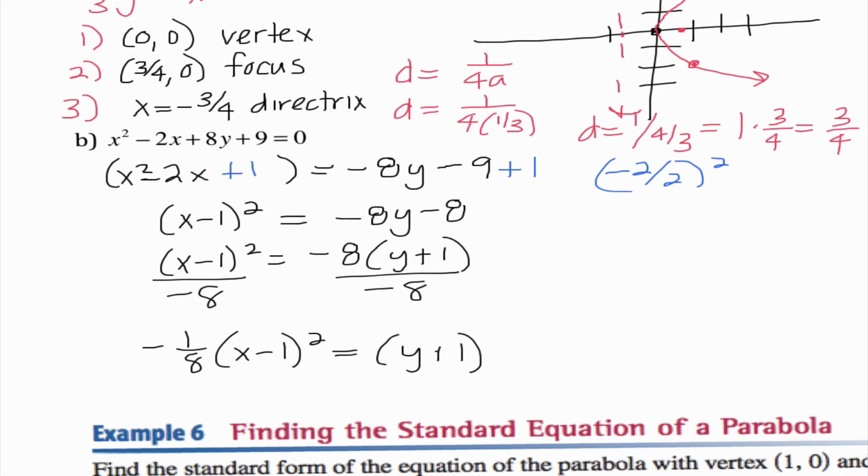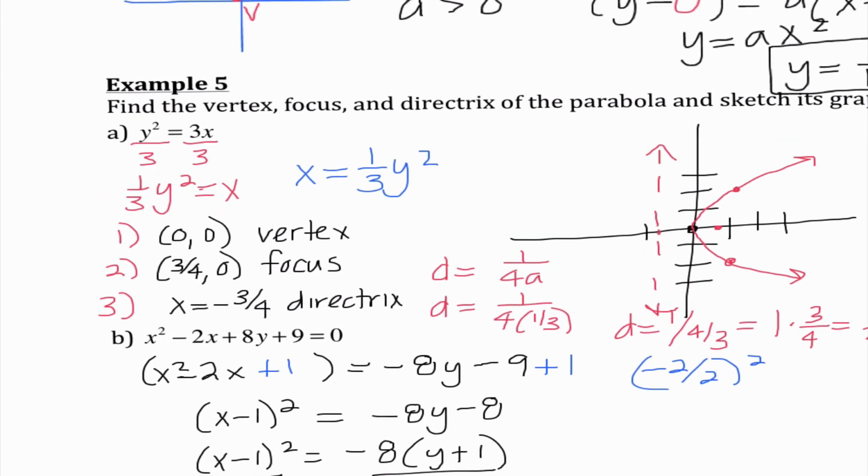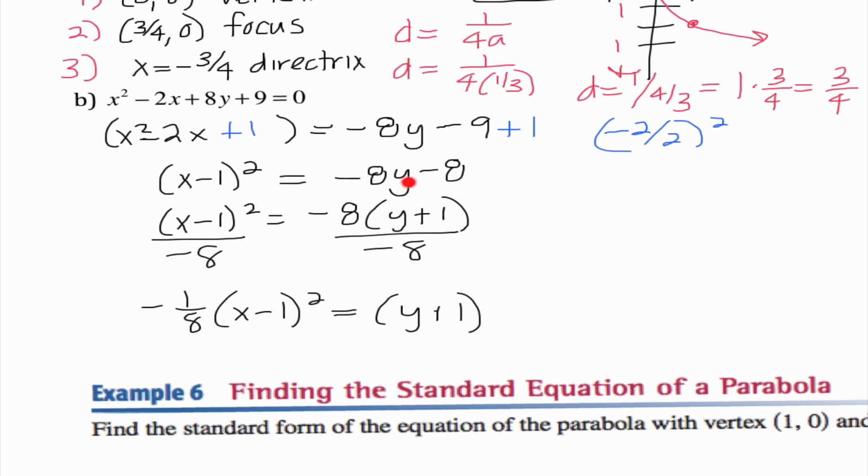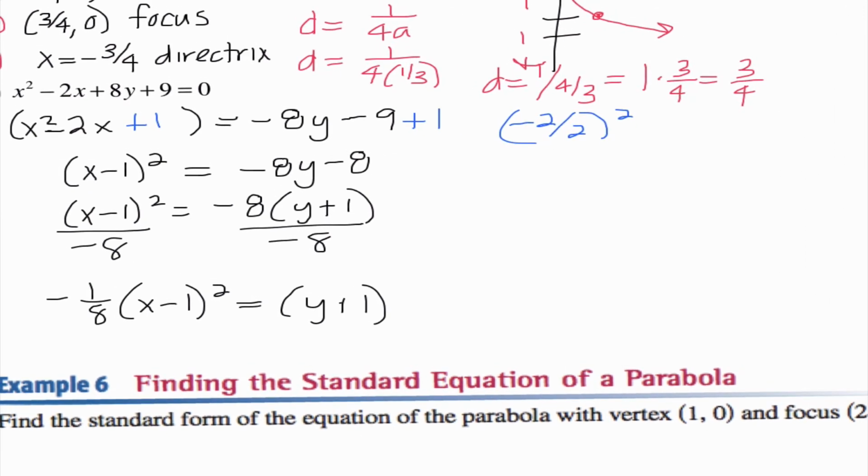The reason why I needed to get rid of this negative 8, just like in our previous example, is that I need my non-squared variable to have a coefficient of 1. So I had to get this y value to have a coefficient of 1. Now that we have this, if we wanted to, we can change the order so it looks exactly like our general equations. It's saying the same thing.